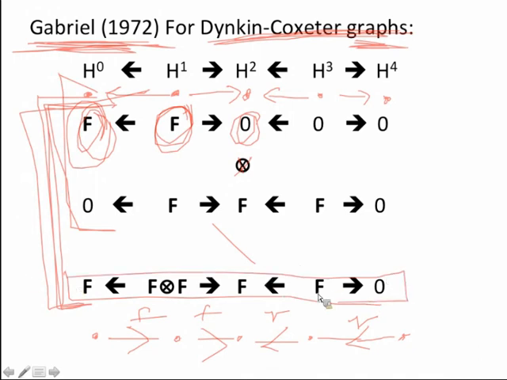So that gives us a classification on possible persistent maps for our zigzag diagrams.